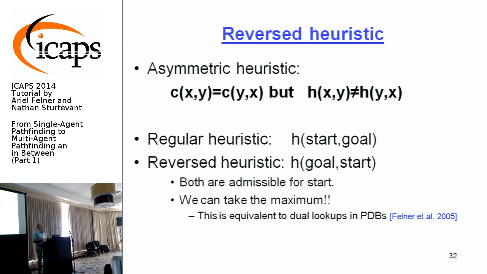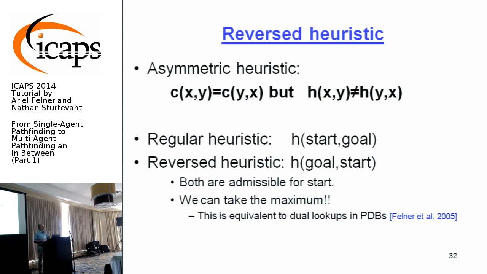If you want an example, Manhattan distance is symmetric, but okay, never mind. I was wrong in this example. Anyway, PDBs could be asymmetric. If you do some symmetry lookups and you look one way, you'll get one number. You look another way, you get another number.